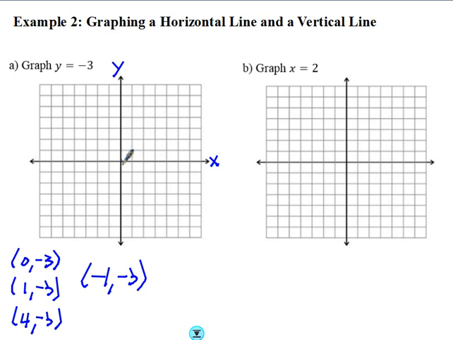So 0, comma, -3. And you can pause the video to plot them on your own and then come back again to check them with me. Okay, this is 1, comma, -3, -1, comma, -3 will be down here. And 4, 1, 2, 3, 4, comma, -3.